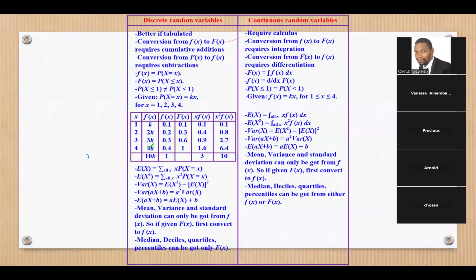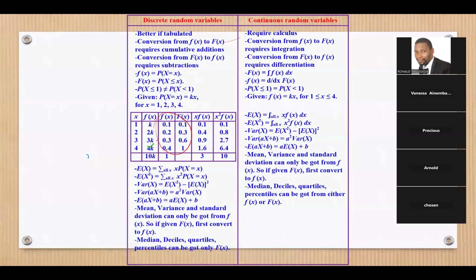Requires calculus. Second, converting from small fx to capital Fx requires integration. So how do you know when to integrate? When you are given small fx and they want you to get capital Fx, you integrate. It is different here from discrete, where we could tabulate.